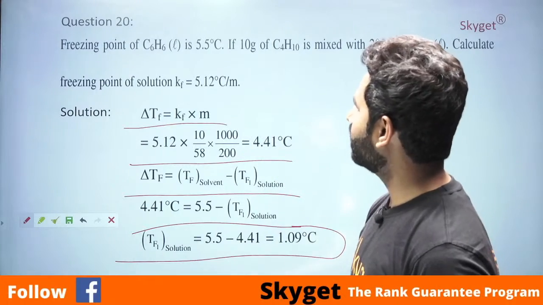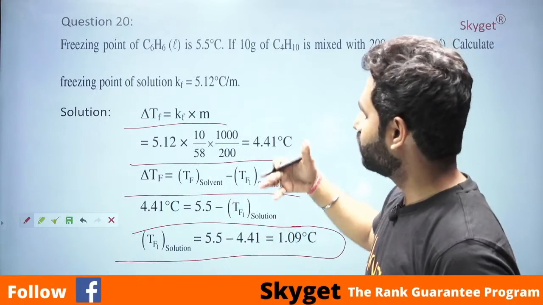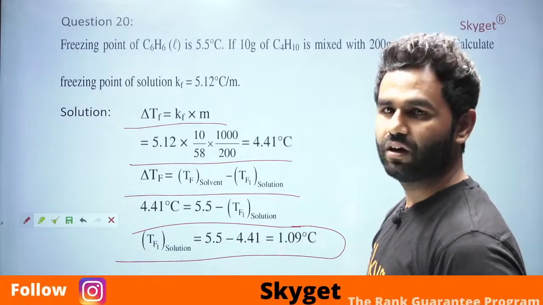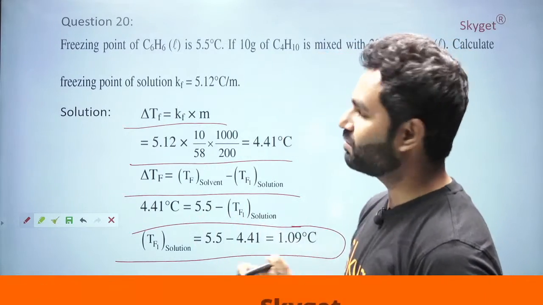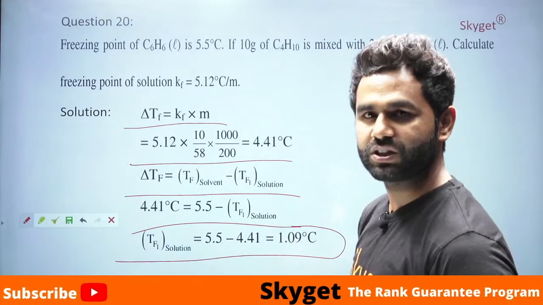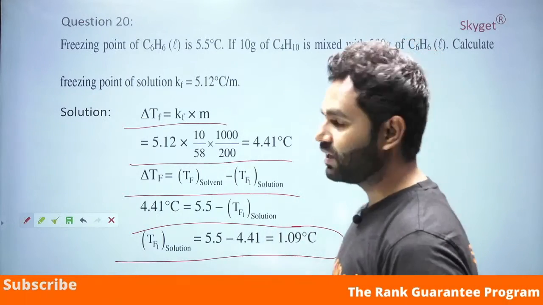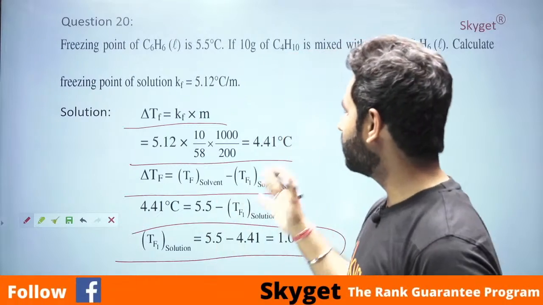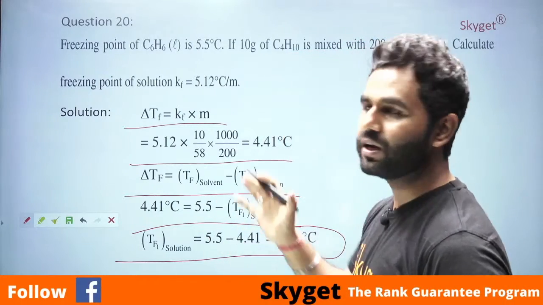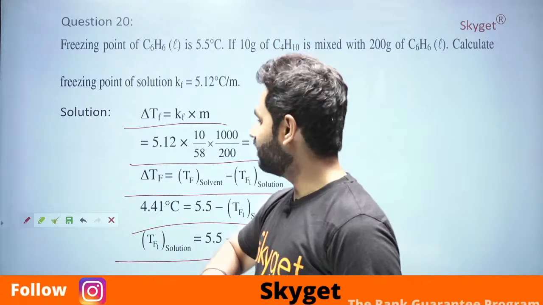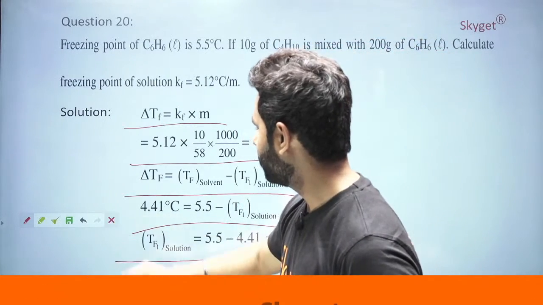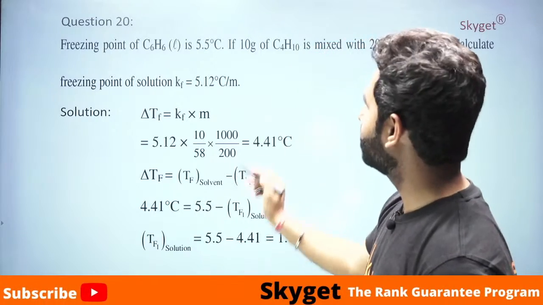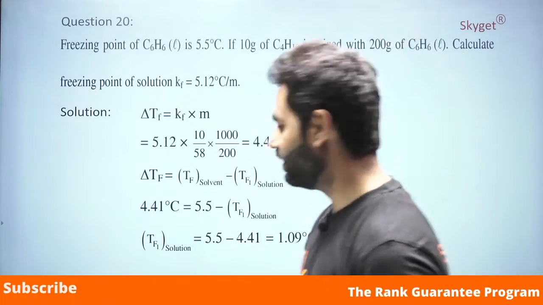You just need to get the gist of how you would have approached the answers. In case students are waiting to give the JEE Mains in the coming months or in the coming shifts, they must know the ways of getting to the answers. Instead of solving it properly and going to the answer in a long way, just get the short way. So this is the right answer, 1.09 degree Celsius.